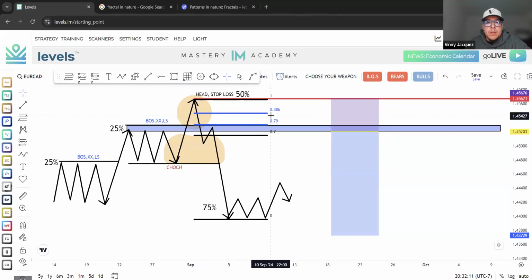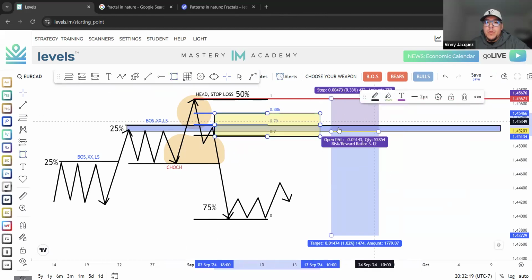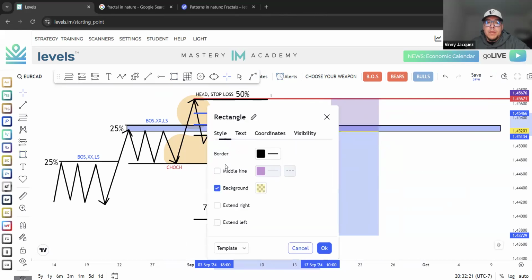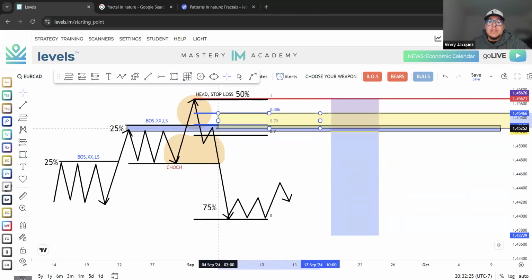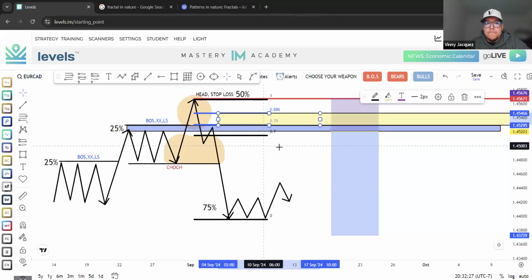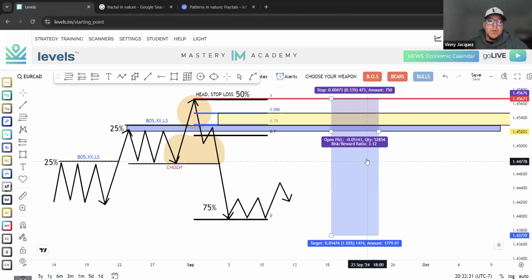Right, so from the 0.79 to 0.886, really you have this whole zone to worry about when it comes to the fib, right? But the sweet spot that everybody loves is this 0.886 area, the 0.79 and the 0.886 area. That's the sweet spot for this fib, right? Does it always hit?